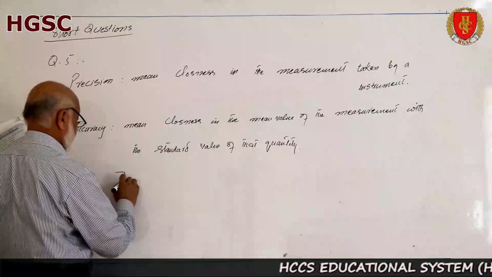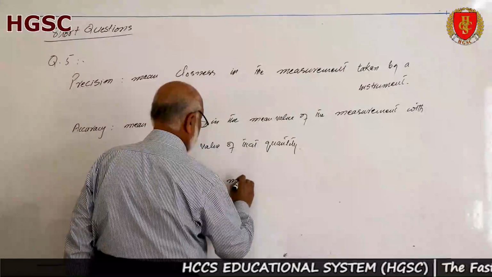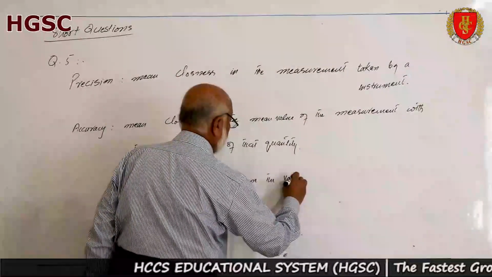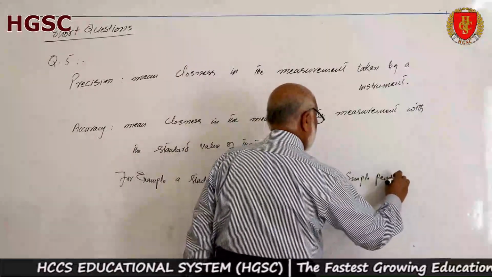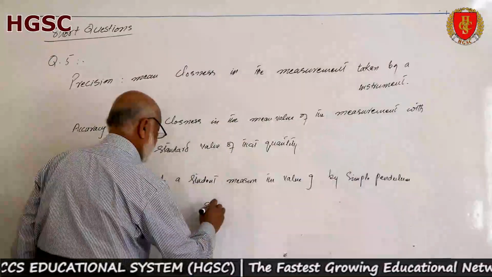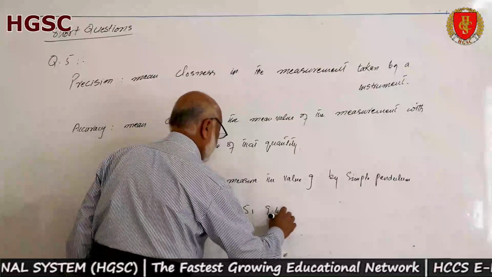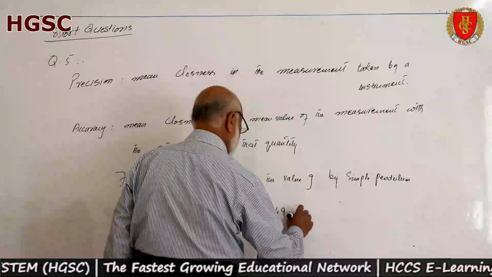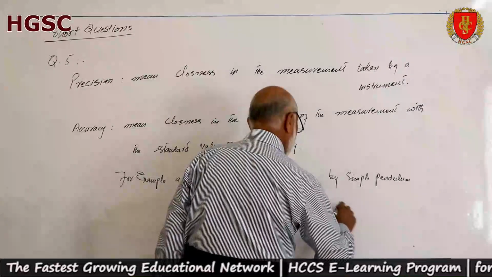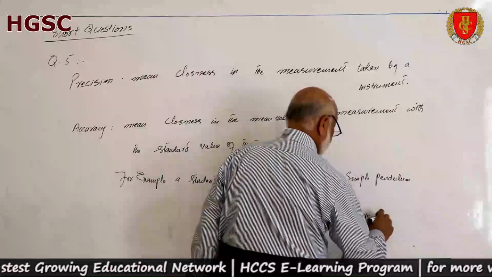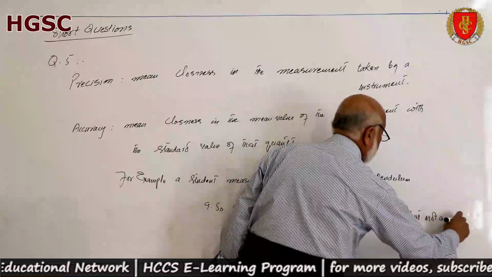For example, a student measures the value of g by simple pendulum: 9.5, 9.51, 9.49, 9.52. These are precise but not accurate.